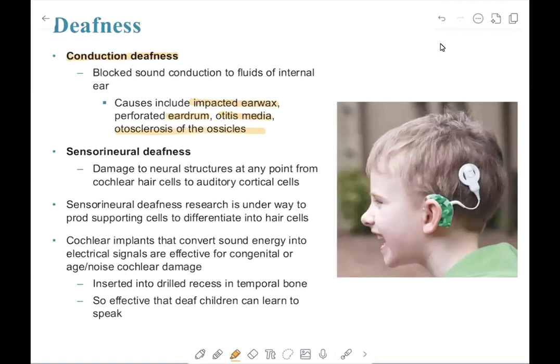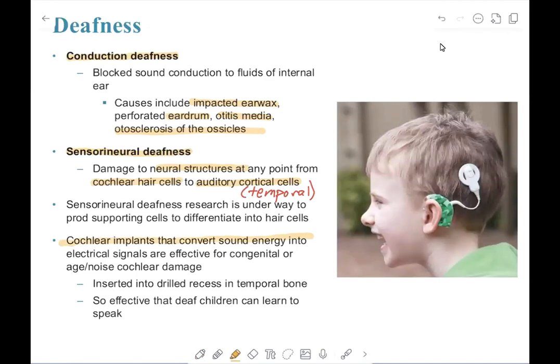Or there could be such things as sensorineural deafness, which is a little more complicated, could be damage to neural structures at any point from those cochlear hair cells at the organ of Corti all the way up to the auditory cortical cells, which are in the auditory cortex of the temporal lobe. So they're working on cochlear implants. They do have those, and they're working on making them better and better each day. They've had them for quite a while, and they're so effective that now deaf children can learn to speak.